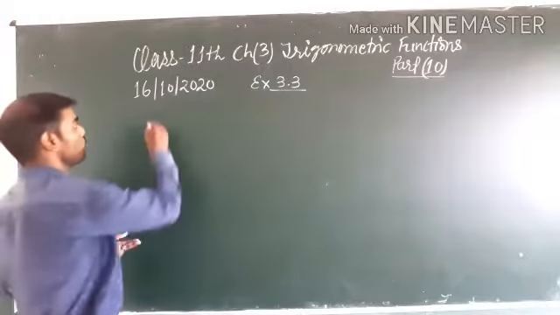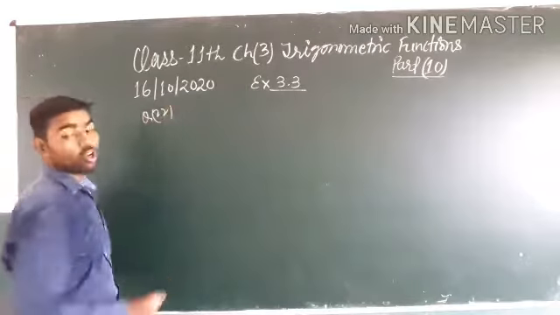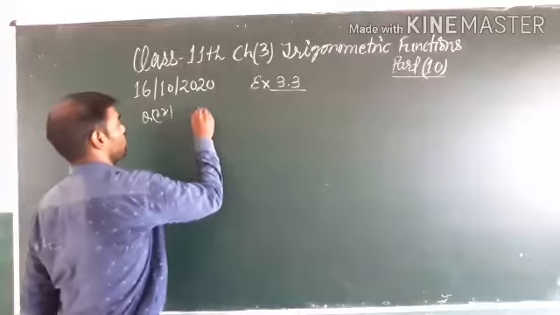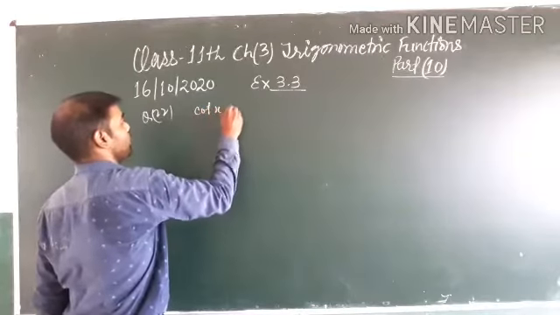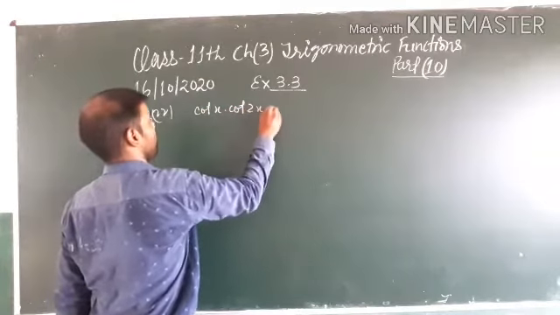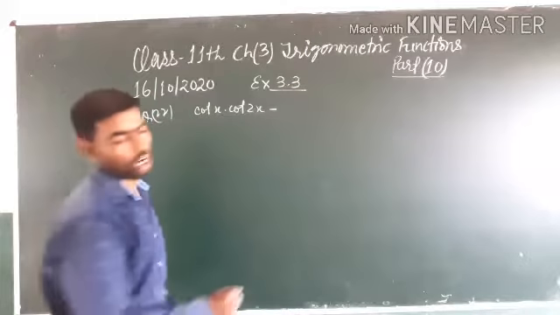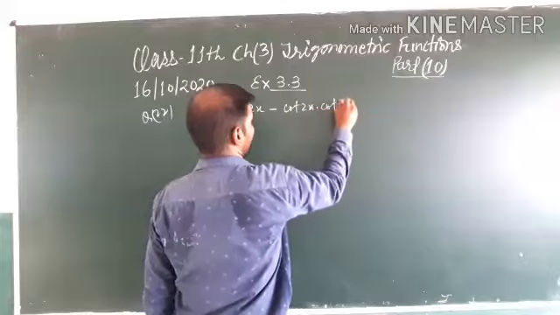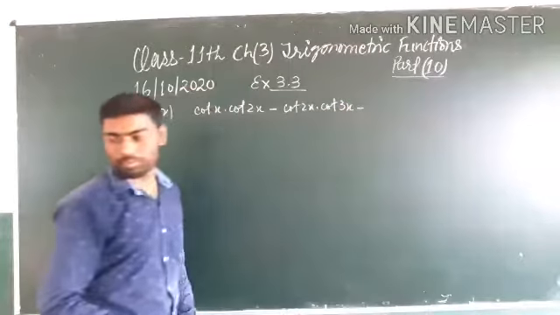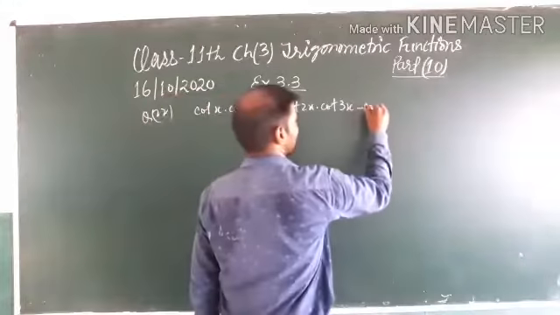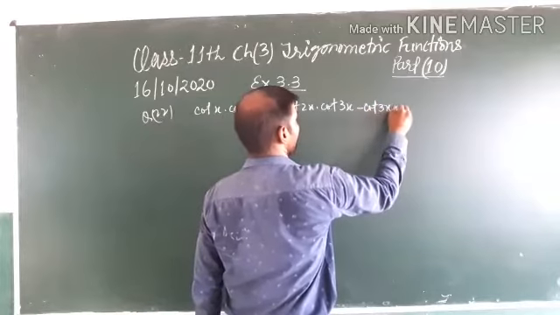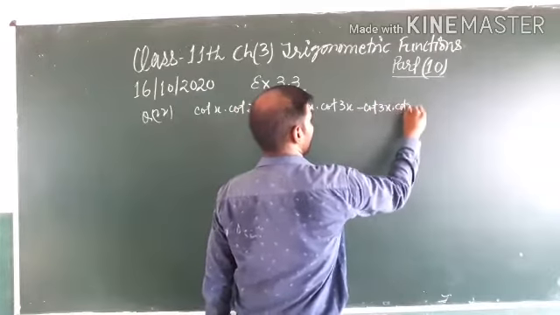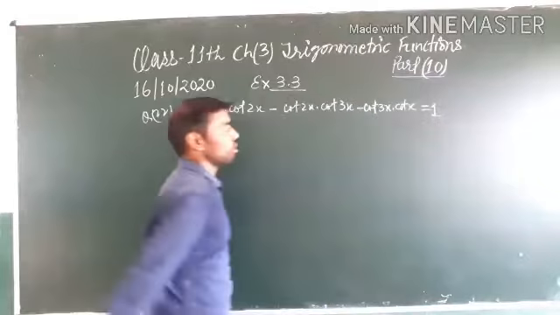Question number 22 is given: cot x into cot 2x minus cot 2x into cot 3x minus cot 3x into cot x is equal to 1.